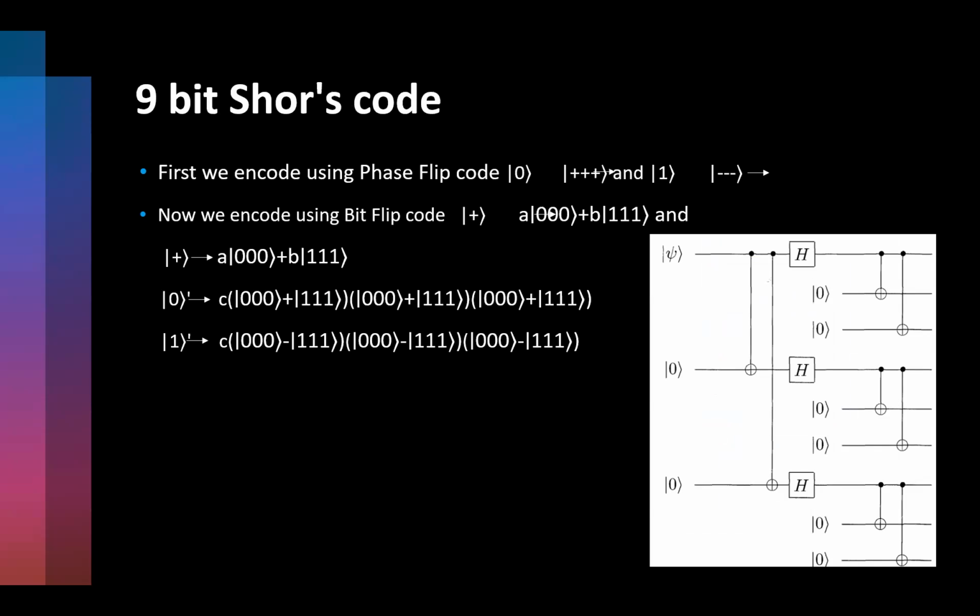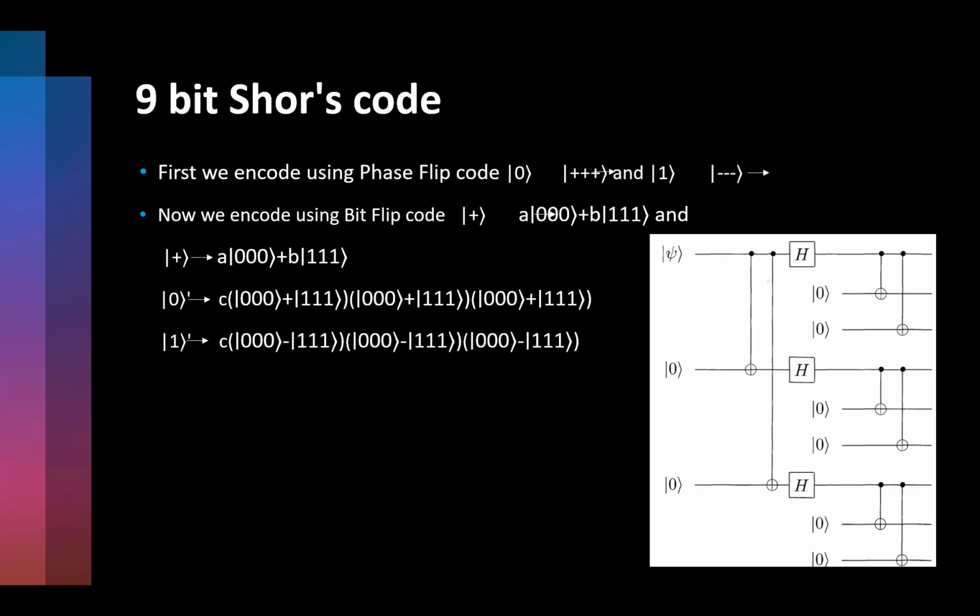We encoded it in 3 bits. Then we apply 3 Hadamard gates. What it will do is encode our information 0 to plus plus plus and 1 to minus minus minus. So now we are in plus minus space. We were in 0 and 1 space, now we are in plus and minus space.